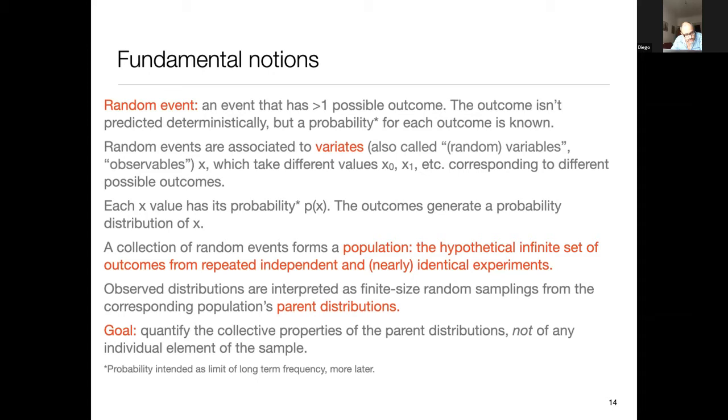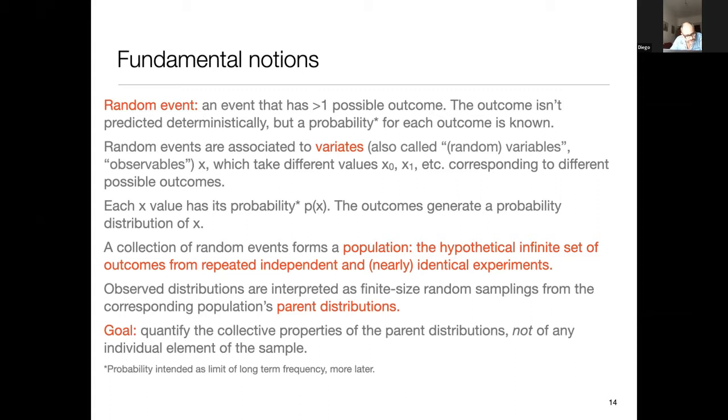And what we observe usually, the observed distributions, are interpreted as random samplings of finite size from this parent distribution. Okay, so the parent distribution is the ideal probability distribution, the one I would get if I made an infinite number of observations. In reality, we make a finite number of observations, and therefore we only see a random sampling out of this parent distribution.